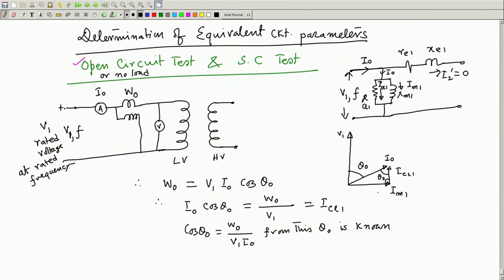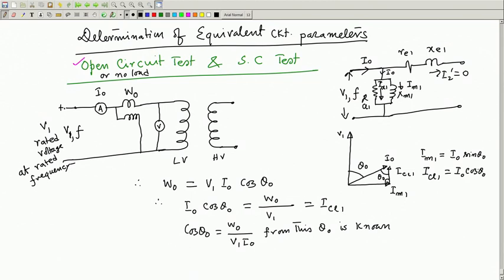If theta naught is known, then from this triangle I can say I m 1 is equal to I naught, which is the known ammeter reading, into sin theta naught, and also ICL 1, I have already written, is equal to I naught cosine theta naught.